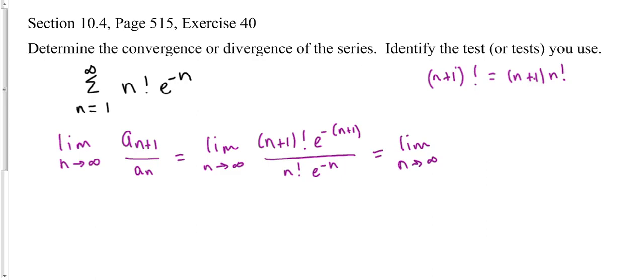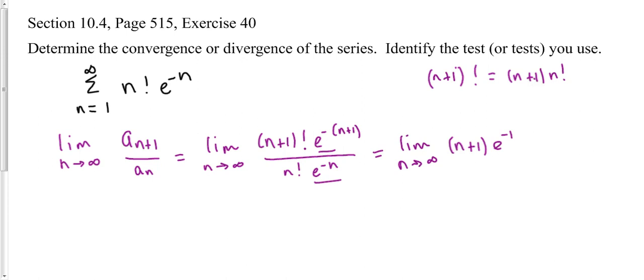So I can cancel out the n factorials, and I'm just going to have n plus 1. And then I'm going to be able to cancel the e to the negative n in the denominator with the e to the negative n in the numerator, and I'm just going to be left with e to the minus 1.